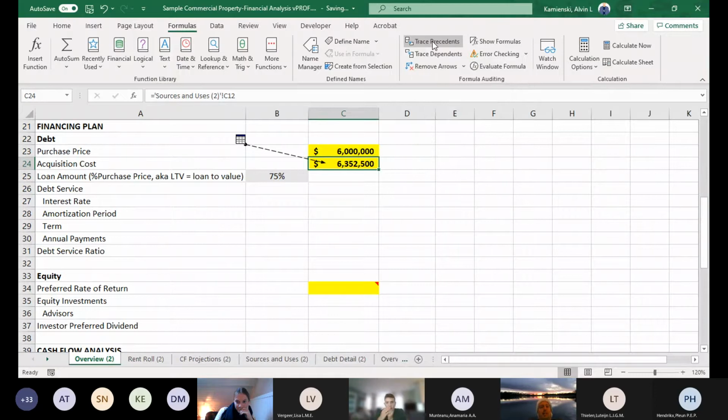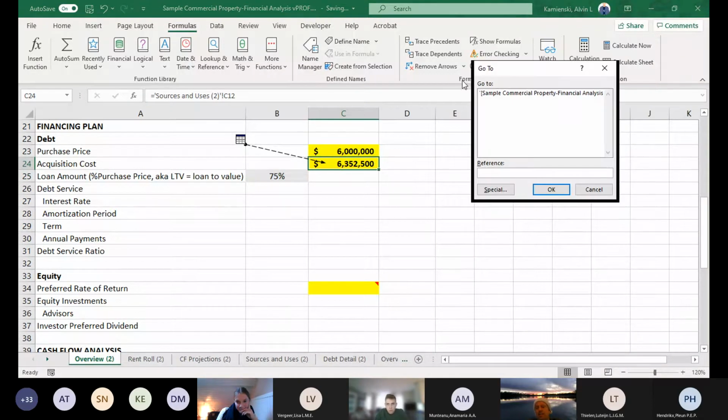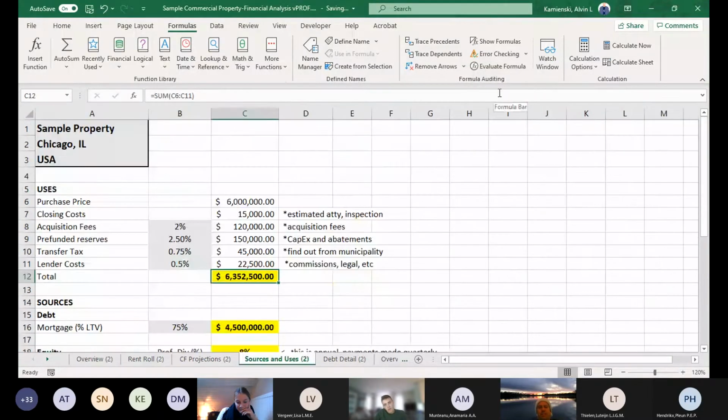I get this little thing to come up. If I move my mouse, which I hate doing, right on top of that dotted line, and then I double left click, it will tell you it is coming from here. And I can double click on that, and it will take me to, here is your reference.